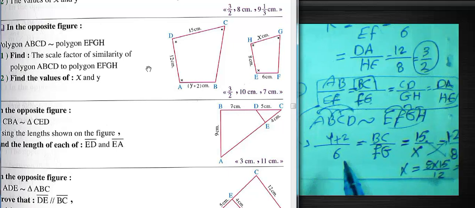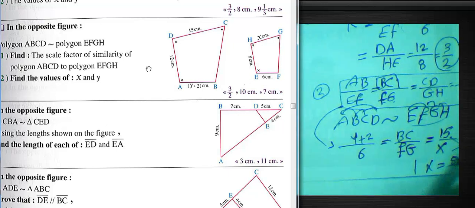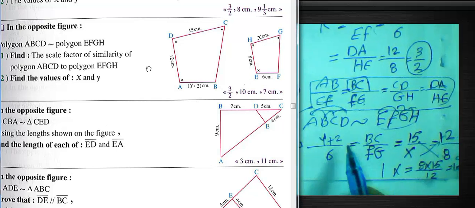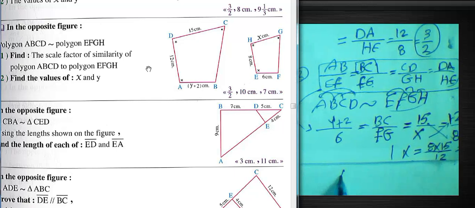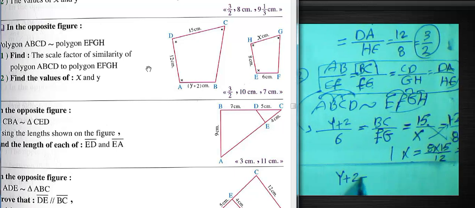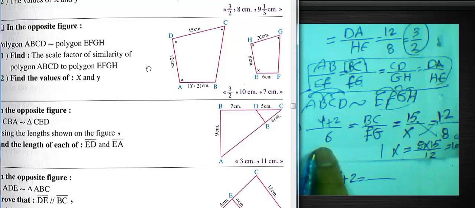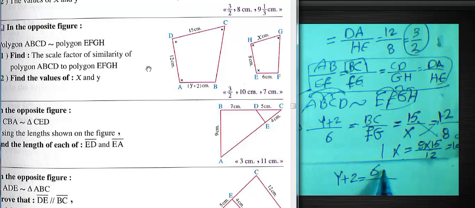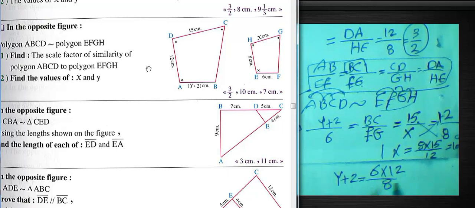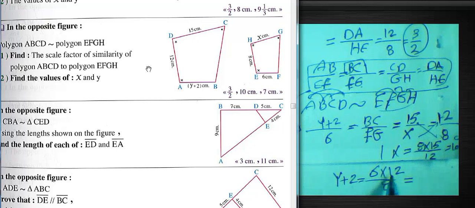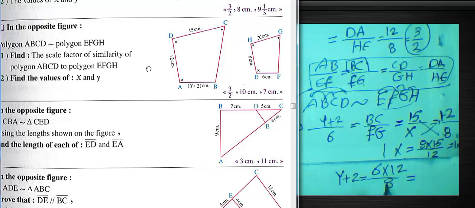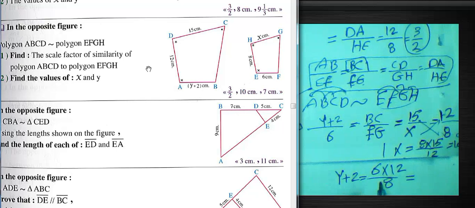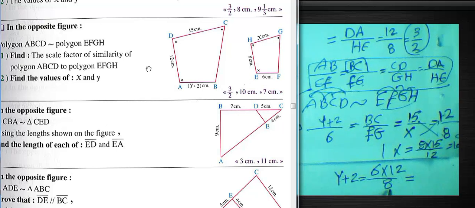And what about y? We can find the ratio 12 over 8 and y plus 2 over 6. You can write y plus 2 equals 6 multiplied by 12 divided by 8. 6 times 12 equals 72, divided by 8 equals 9.